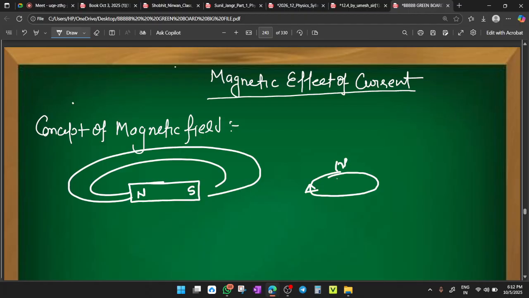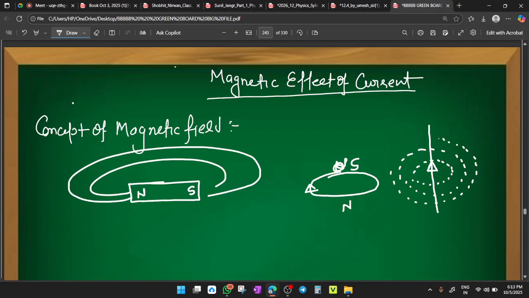The upper pole will be south, as the current is clockwise here, and the lower one will be north. So a magnetic dipole and a current carrying conductor are sources of magnetic field. The region up to where I can realize the magnetic force is called the magnetic field.